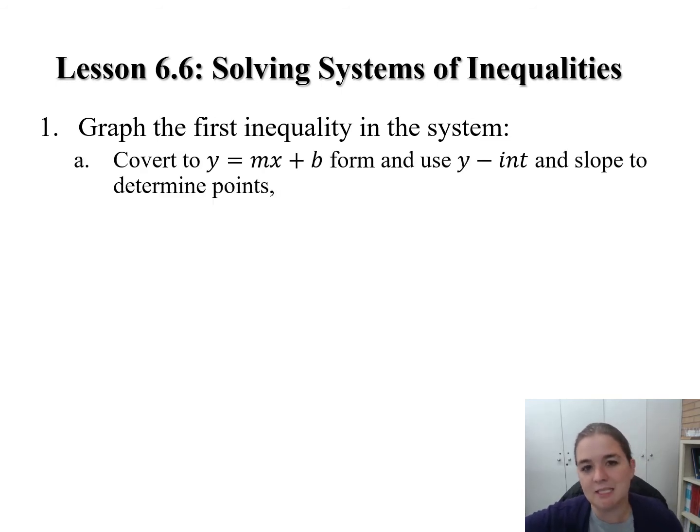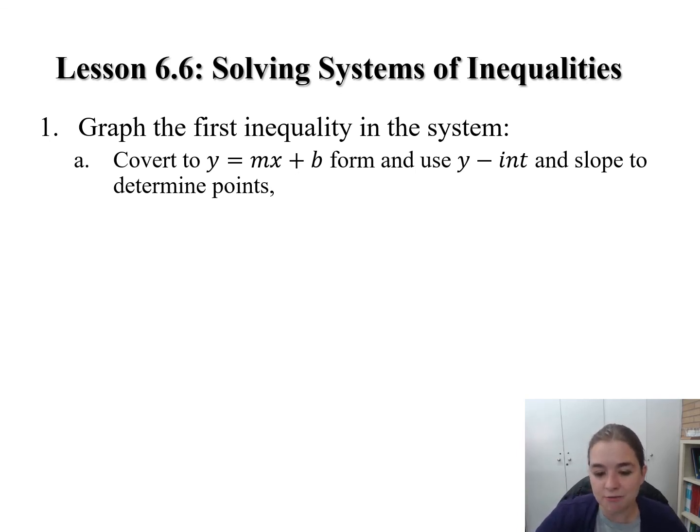The first thing is to pretend that that inequality symbol is an equal sign and graph it using how you know how to graph. I have the step written out using slope-intercept form because I think that's the form you're still most comfortable with. But you can do it using standard form or point slope, which we've talked about before. Standard form might be useful for you today, especially as we move into one of the practice problems on the homework, where I show you again how to graph using standard form, using the zeros.